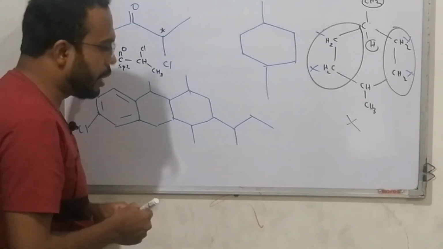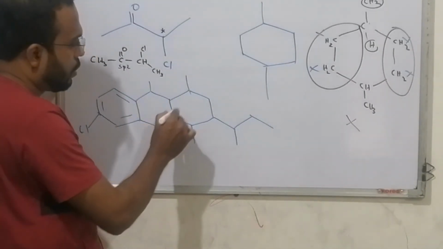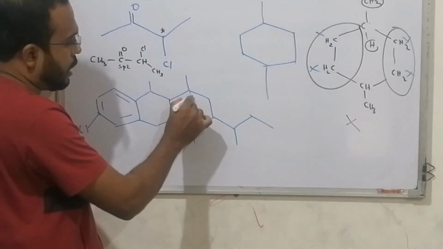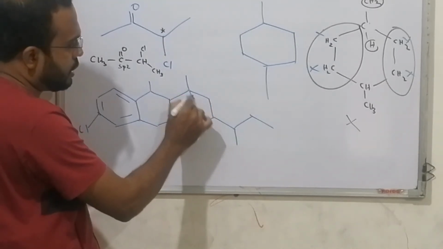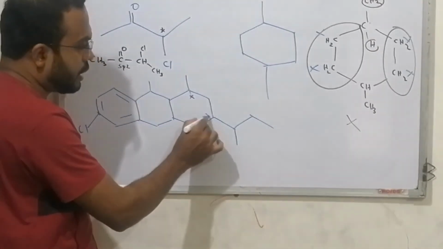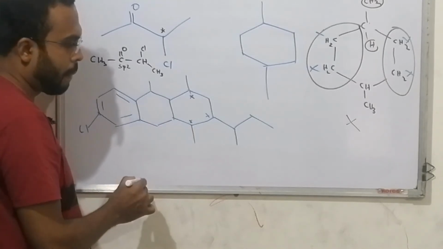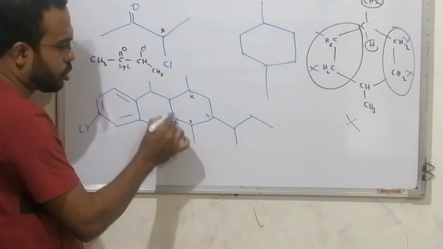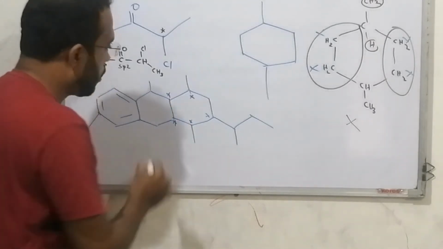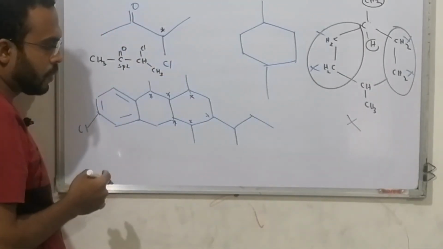But when you come to this molecule, this is chiral because this side is different from this side. Similarly, this is chiral. This is also chiral. This is also chiral.